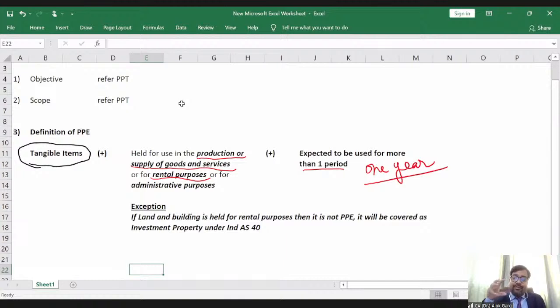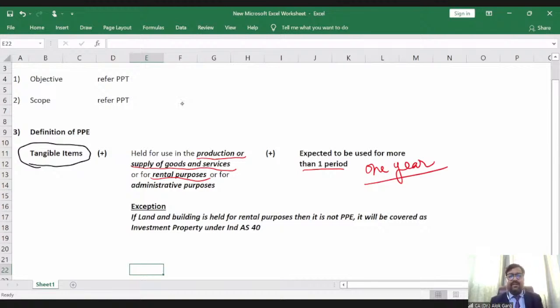So for these companies who are owning tractors held for rental purposes, these tractors are also property, plant and equipment in the books of the tractor owners, okay? So the only exception is for land and building. If such land and building is held for rental purposes, then it is not covered under Ind AS 16. It will be covered under Ind AS 40, which is a specific standard on investment property, right?